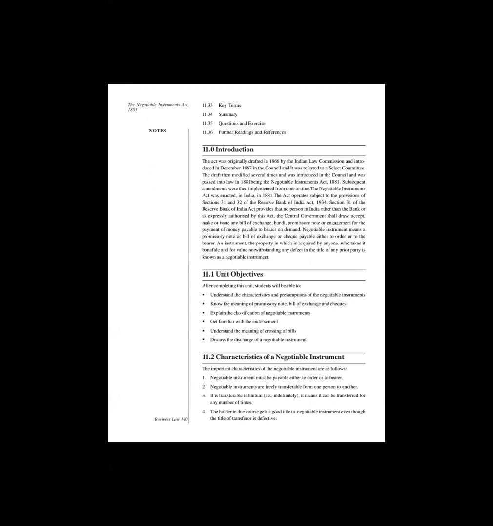The Act was originally drafted in 1866 by the Indian Law Commission, and in December 1867 it was introduced in the council and referred to a select committee. The draft was then modified several times, and passed into law in 1881, beginning the Negotiable Instruments Act, 1881.